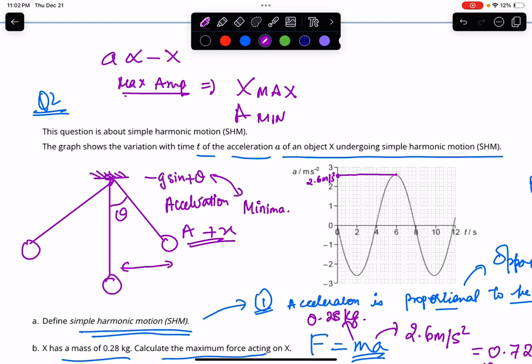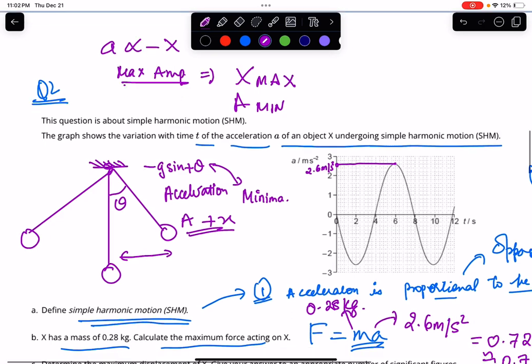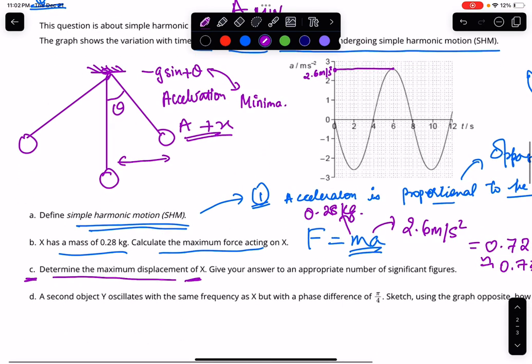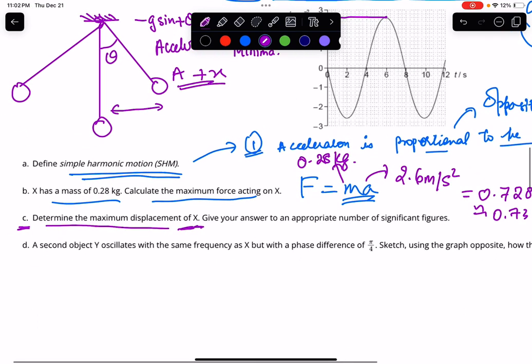So in this case, they're asking us to define the maximum displacement of x. What we can say over here is that the acceleration is negative omega squared x. So if you have maximum x, then you have the minimum acceleration.